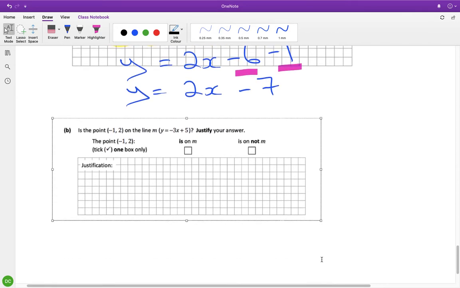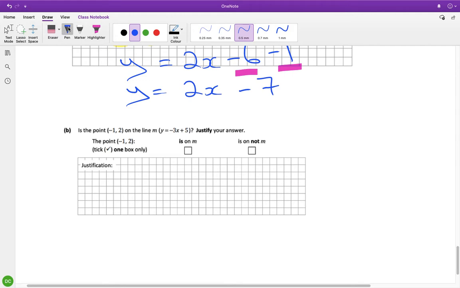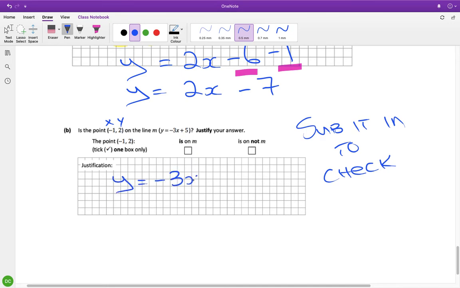So is the point on the line? Very simple. You sub it in to check. Okay, so this is your x, this is your y. So it's y equals minus 3x plus 5. And I'm going to take the minus 1 and put it in here, and I'm going to take the 2 and put it in here.